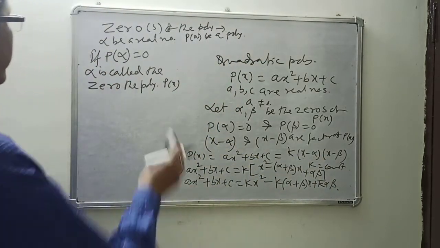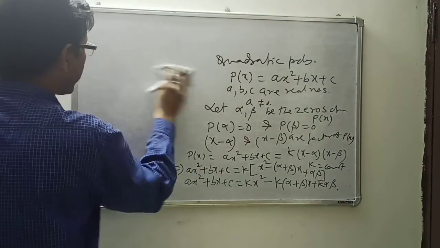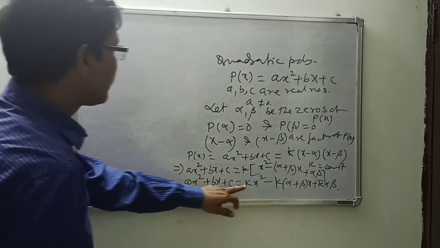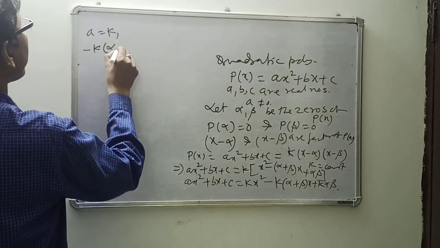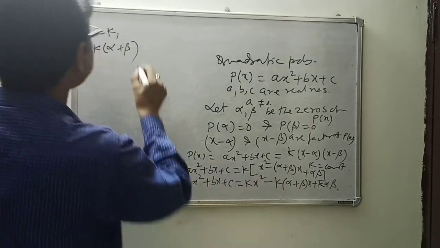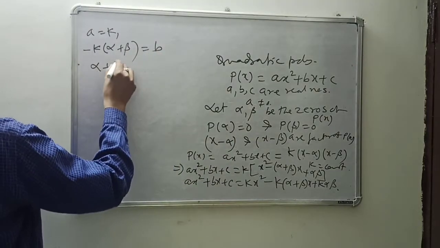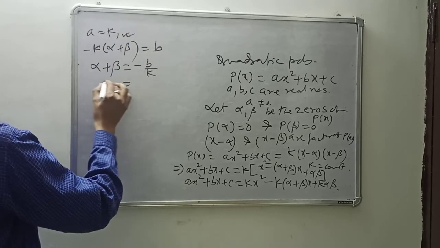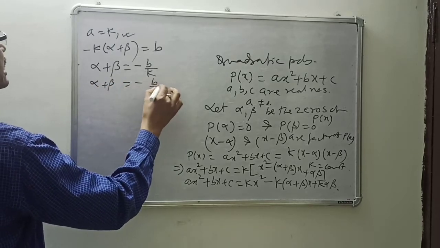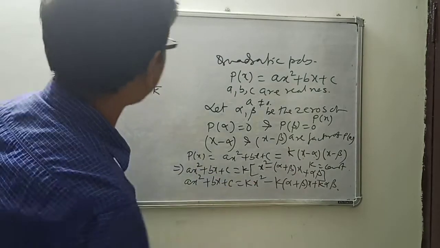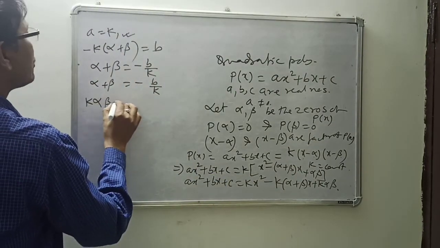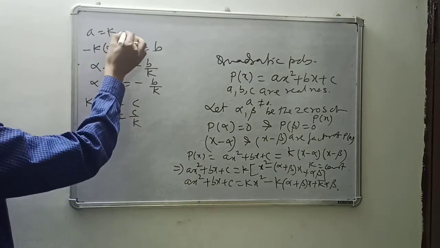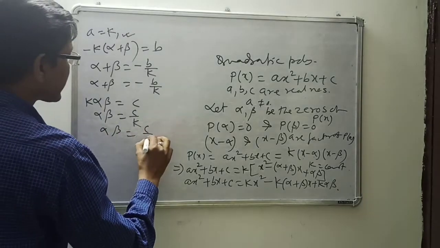Comparing both sides, a equals k. Minus k(alpha plus beta) is the x coefficient, which is b, so alpha plus beta equals minus b by k, and since k is a, alpha plus beta equals minus b by a. Similarly, comparing the constant term, k alpha beta equals c, so alpha beta equals c by a.